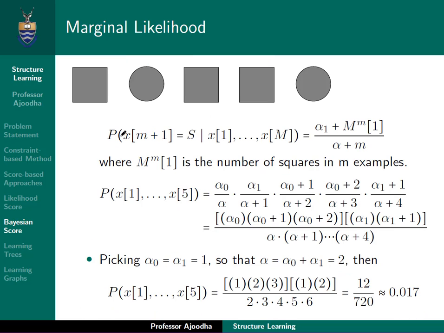So let's model this as an equation, and it turns out that there's a very natural equation that falls out of this. This is the probability of x m+1, which is observing the next instance.